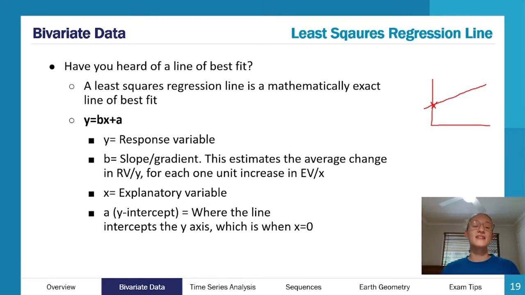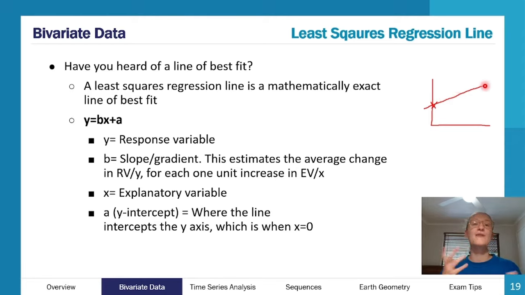So that's another cool little trick, if you're ever needing to calculate that. And then coming back to the slope and the gradient, that estimates the average change in the response variable for each 1 unit increase in the explanatory variable, the x in the case of the formula. So for every 1 unit increase we have in x, the explanatory variable plotted along this axis, what's happening to our response variable? In this one, we can see that with each 1 unit increase, our response variable is also increasing.